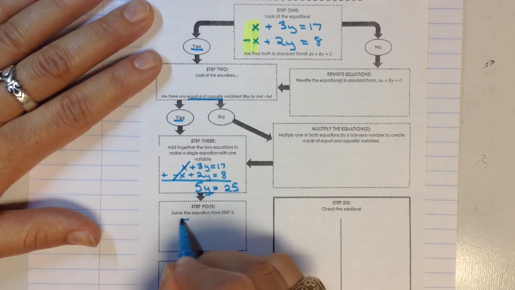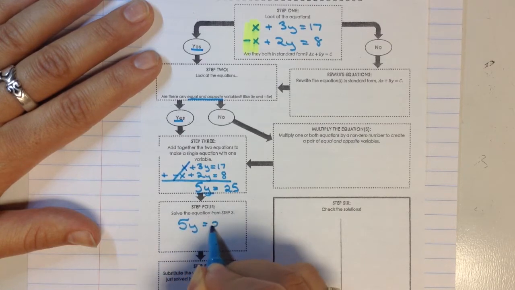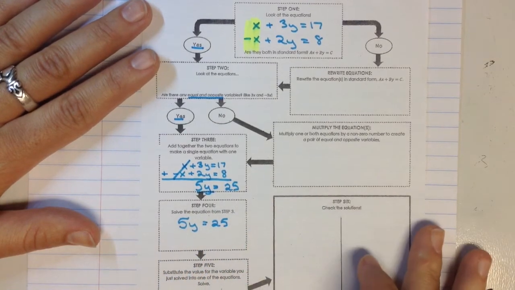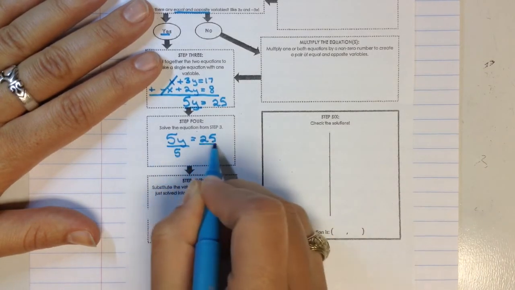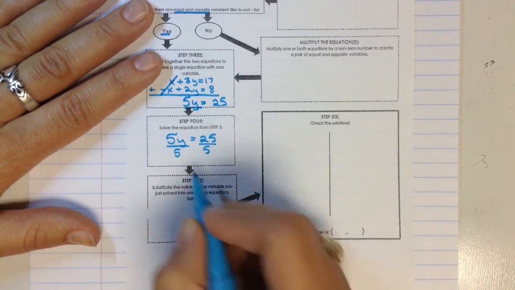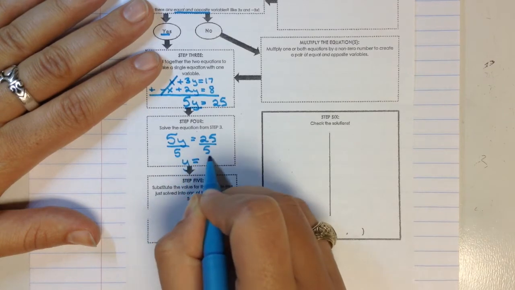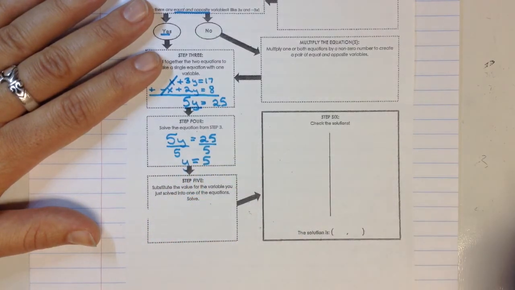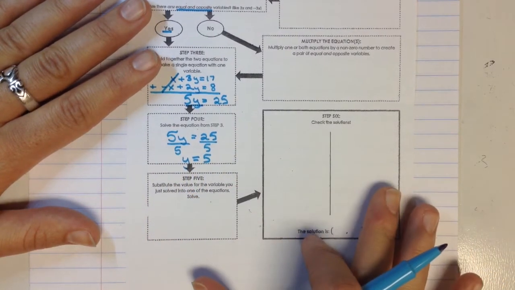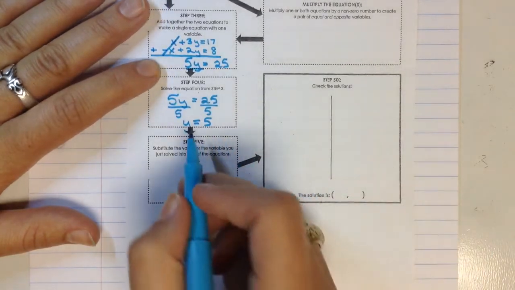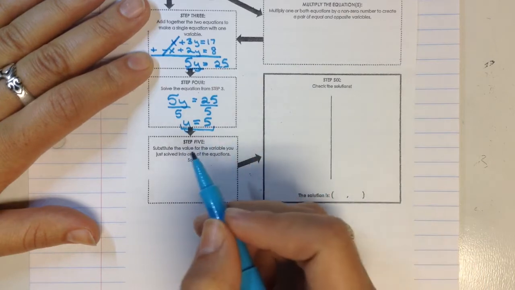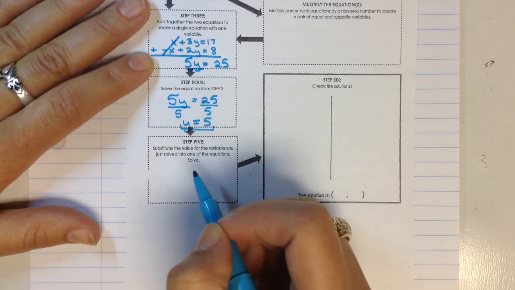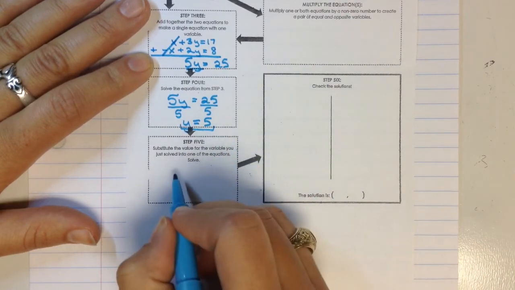Okay, we're solving this short, tiny equation from step 3. To solve this tiny equation, we would divide by 5. Therefore, I have y equal to 5. That is half of the answer. To find the other half of the answer, I will take this value 5 and I will substitute it back into the original equation, much like the last step of substitution.